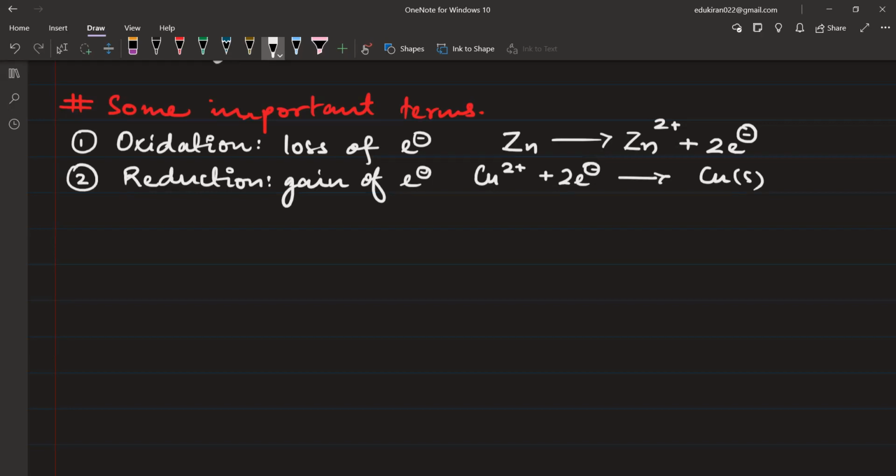Then third is electrolyte. We learned electrolyte in the chapter on equilibrium, acid-base theory. What are electrolytes?